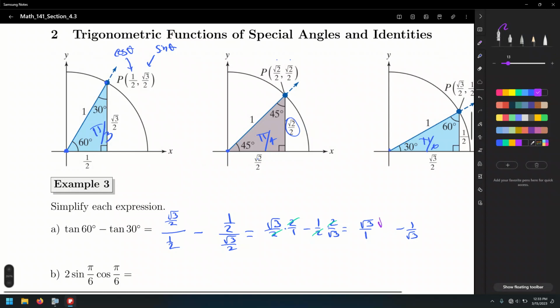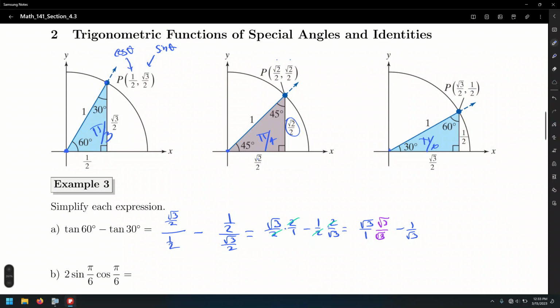That's multiplying and dividing by square root of 3. In the numerator of the first fraction, we get square root of 3 times itself. Get rid of the radical, just write whatever remains inside, that's 3 over root of 3, minus 1 over root of 3. And this will be equal to 3 minus 1 over the square root of 3, because now we have a common denominator and can combine the fractions together.